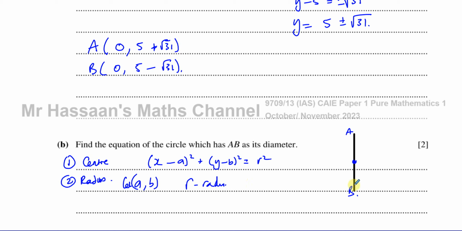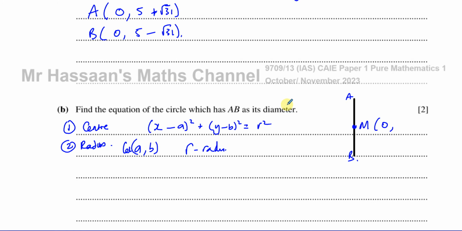So if AB is the diameter, we can find the center of the circle very easily. I can find the midpoint of these points. In terms of the x-coordinate, it's going to be 0 still, right? The average of 0 and 0 is 0. So the midpoint, let me call the midpoint M. We know that the x-coordinate of the midpoint is going to be 0, but the y-coordinate of the midpoint is going to be the average of these two.